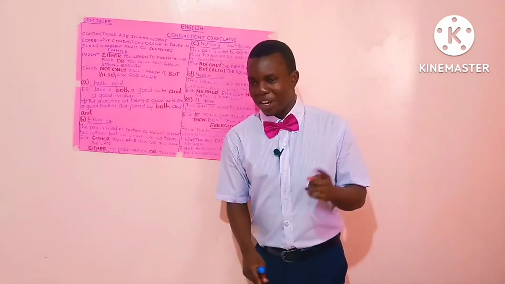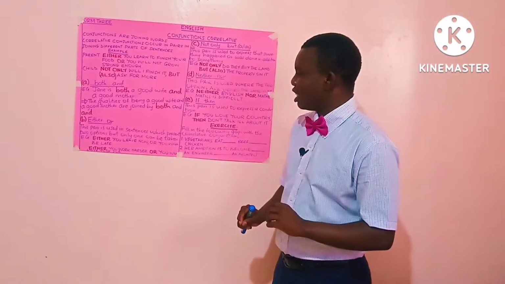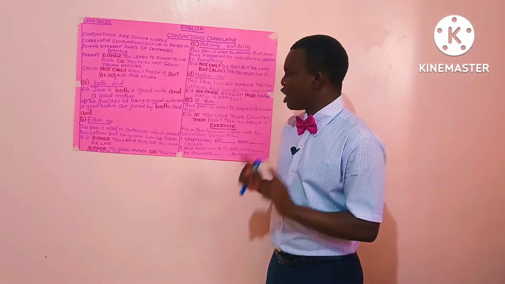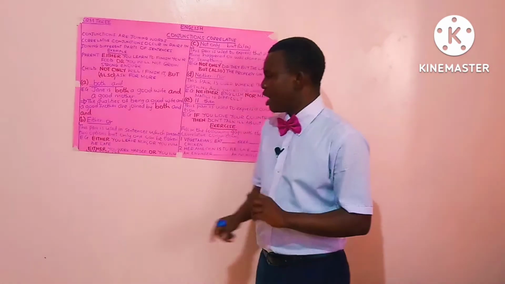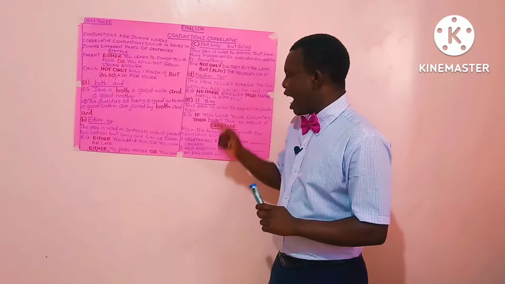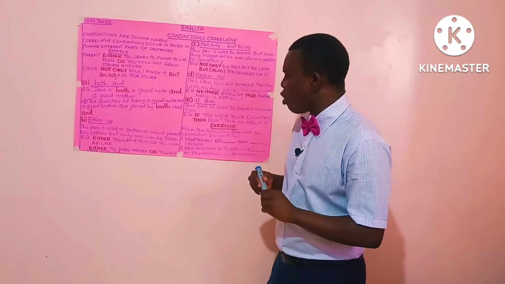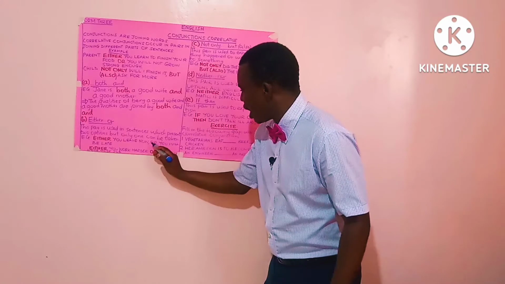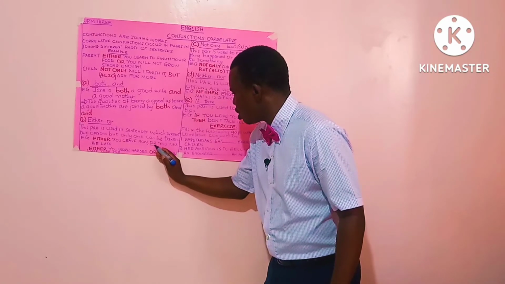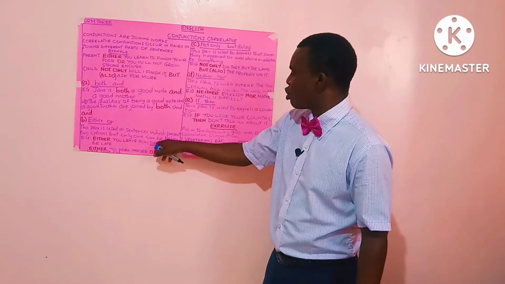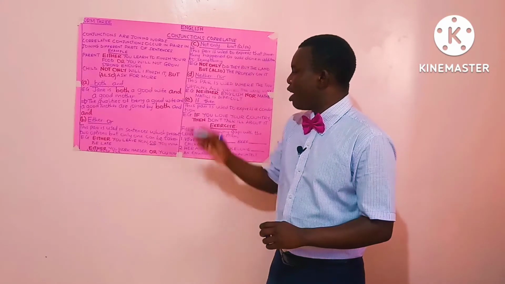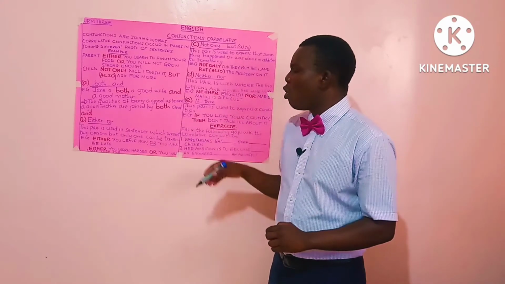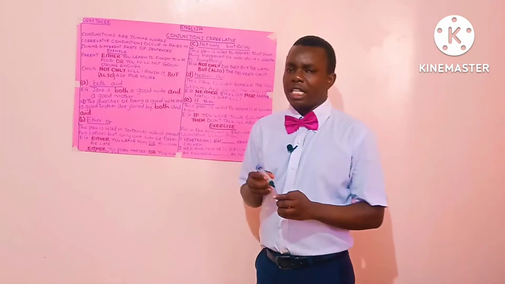Consider this example, and I want to draw your attention still to the words in red. The first one: "Either you leave now or you will be late." So we can underline or, because it also ought to have been written in red. "Either you leave now or you will be late."